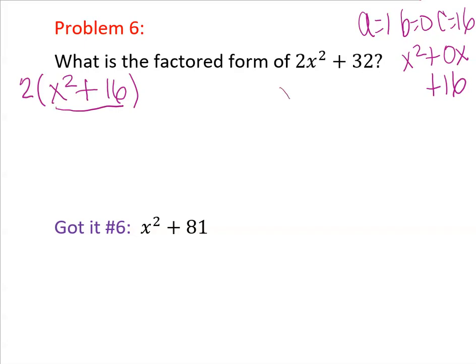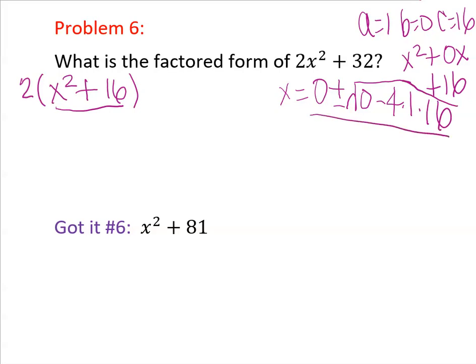So x equals, negative b would be a 0. If I put a b squared in there, I still get 0. Minus 4 times 1 times 16. And then 2 times 1 on the bottom.